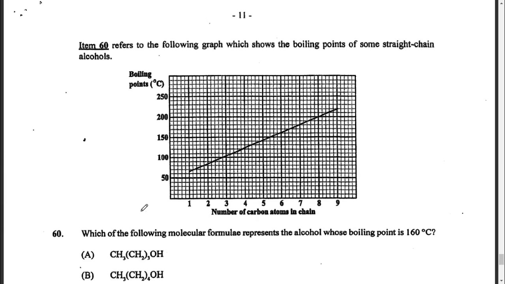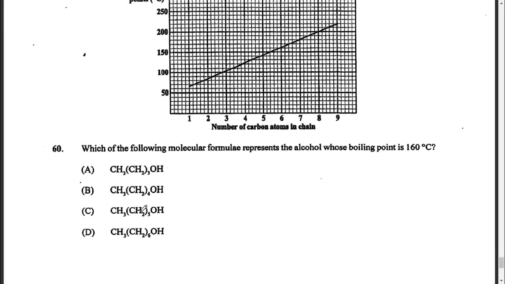Item 60 refers to the following graph, which shows the boiling points of some straight chain alcohols. Right? Which of the following molecular formulae represents the alcohol whose boiling point is 160? So let us look at, so here we have 150, 160, 170, 180, 190, 200. So this line right here is 160. Come straight across, it is on carbon 6. So let us see which one of these compounds contains 6 carbon atoms.